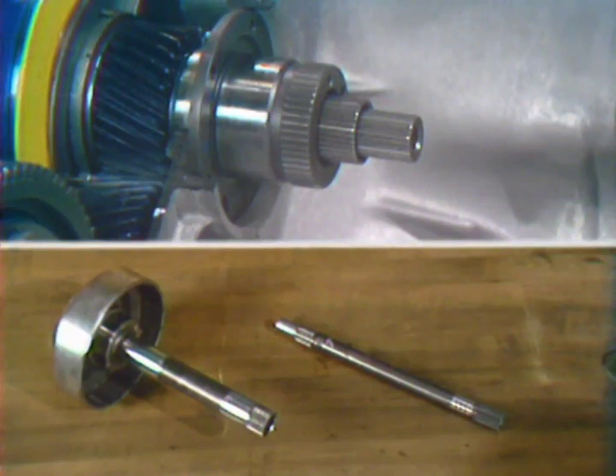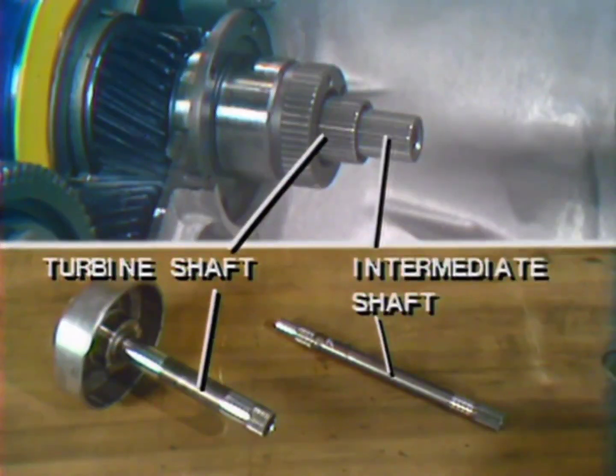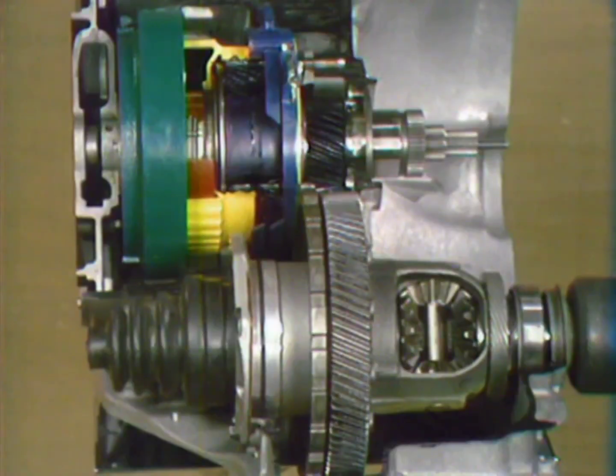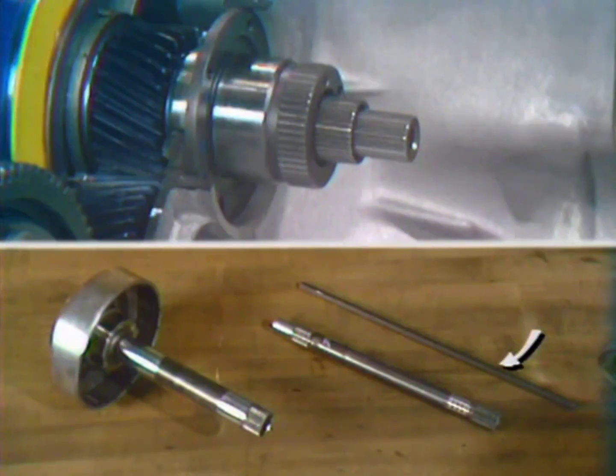Second, the main gear train thus has 2 input shafts, a turbine shaft for all hydraulic input, and a smaller diameter intermediate shaft for split torque input from the splitter gear set. Third, to drive the oil pump, which is located at the opposite end of the gear train, a third shaft is used.